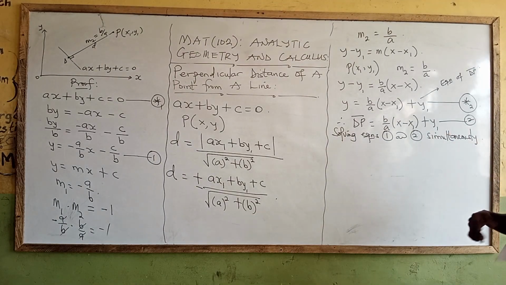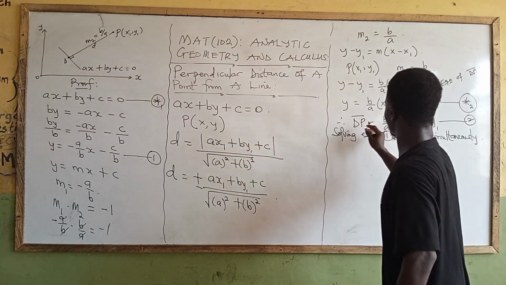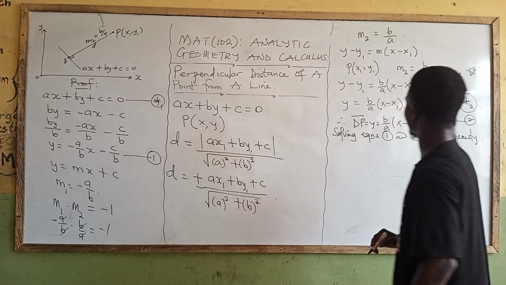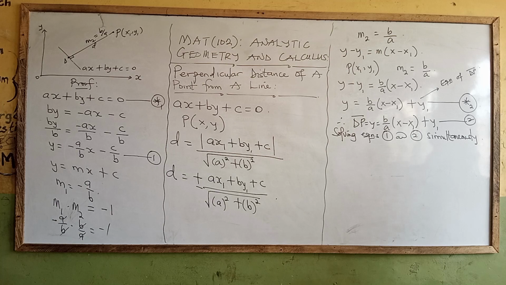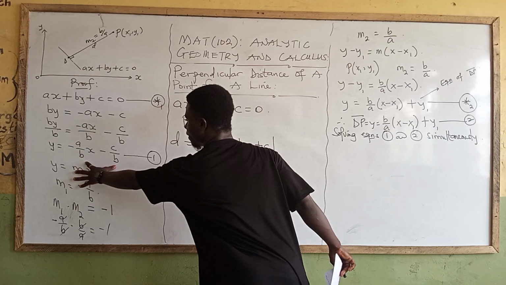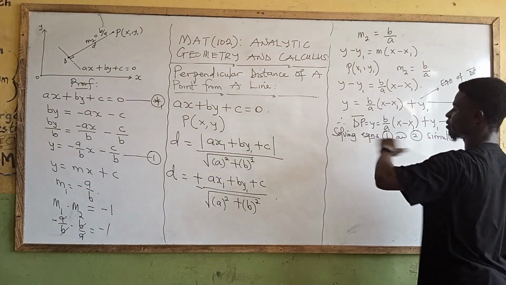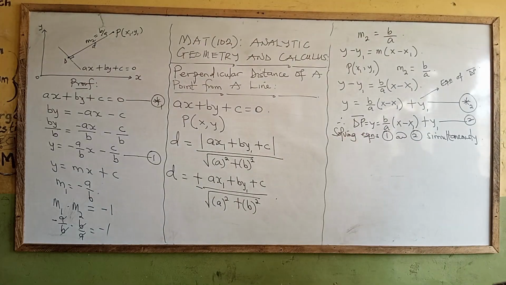Don't forget this one is the same thing as y, so that's y equals b over a times x minus x1 plus y1. Since y equals negative a over b x minus c over b, we can equate. When you equate, that means you are going to find the coordinate of what? x.